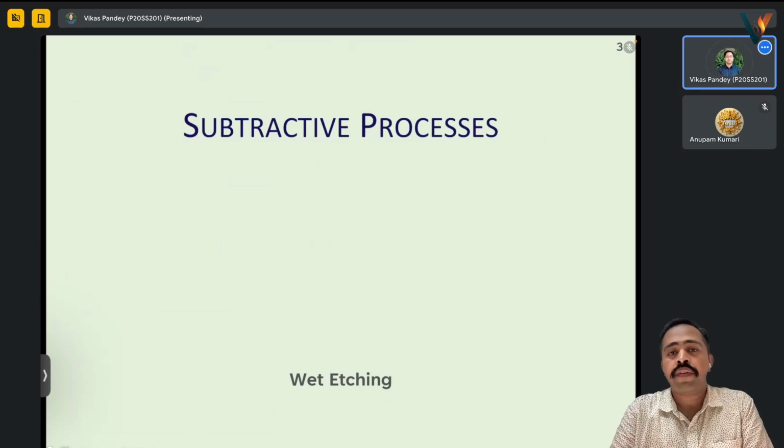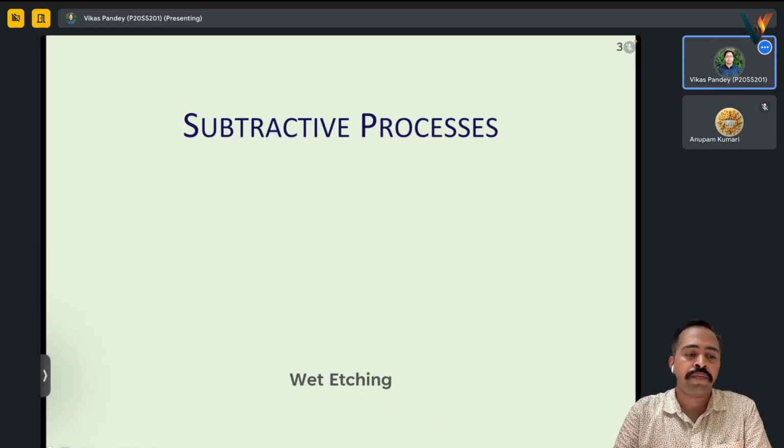So till now, we have covered cleaning, we have covered additive processes, we have covered patterning. But what has not yet been covered is subtractive processes.